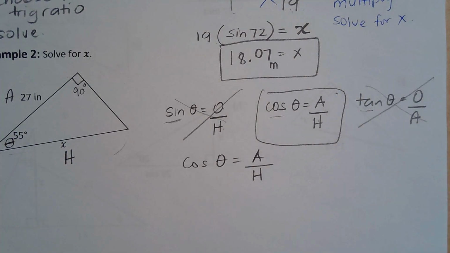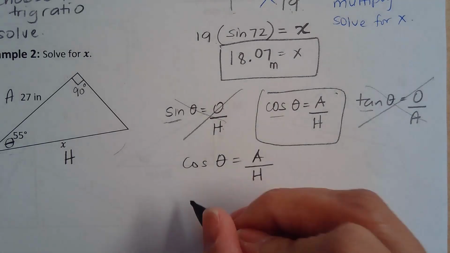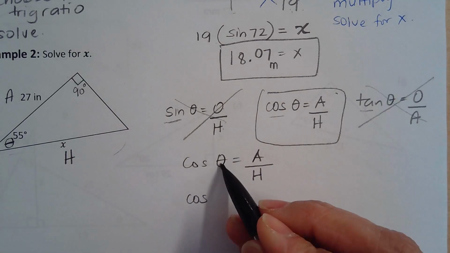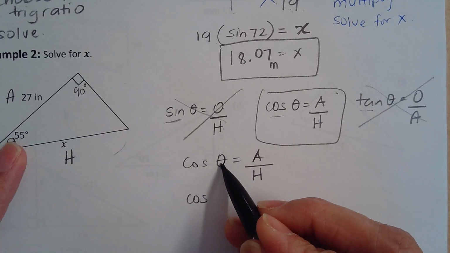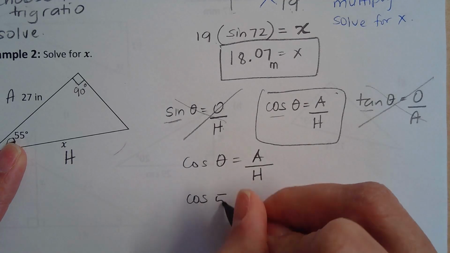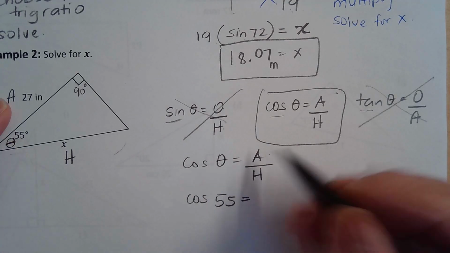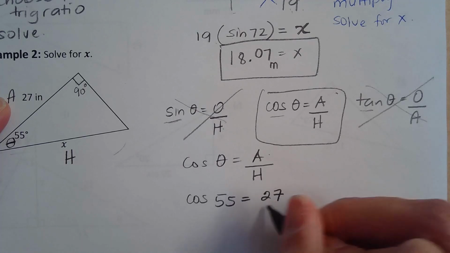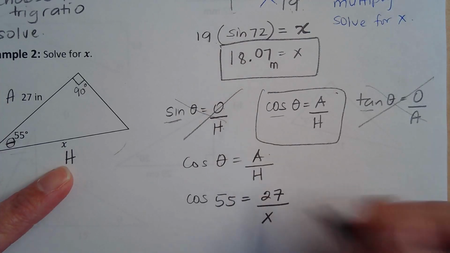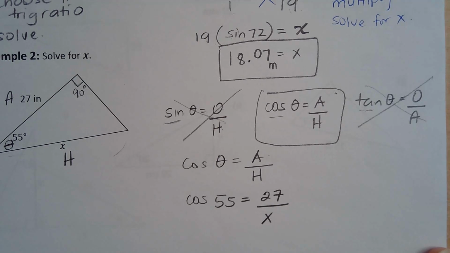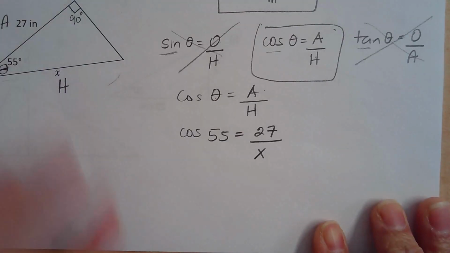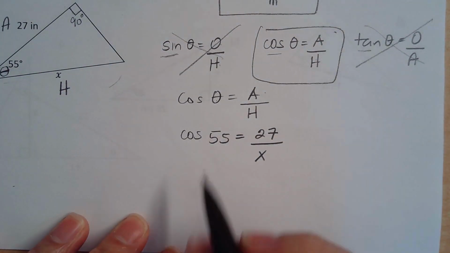Now that we figured that out, we're going to substitute. So cos theta. What theta am I talking about? Theta is 55 equals adjacent. Adjacent is 27 over x. Over x is the hypotenuse.